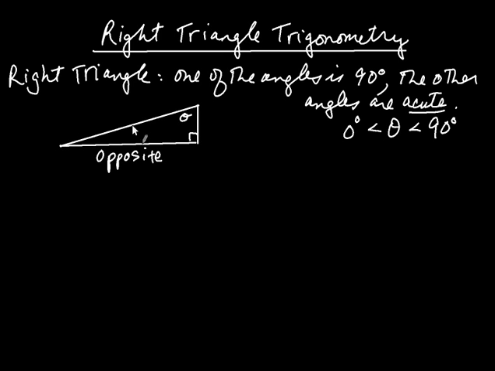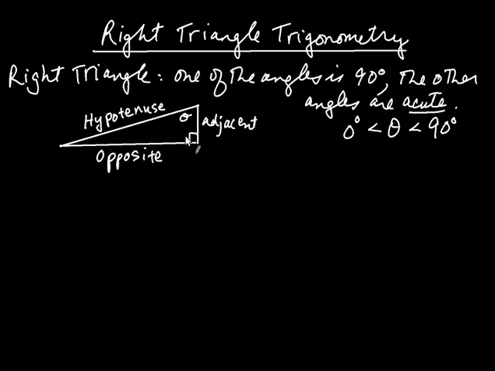The side of the triangle across from the 90-degree angle has a special name. That's always called the hypotenuse of the triangle. Hypotenuse. And the side of the triangle that's not the hypotenuse, but that's next to the angle, we call that the adjacent side. So this is the adjacent side right here.